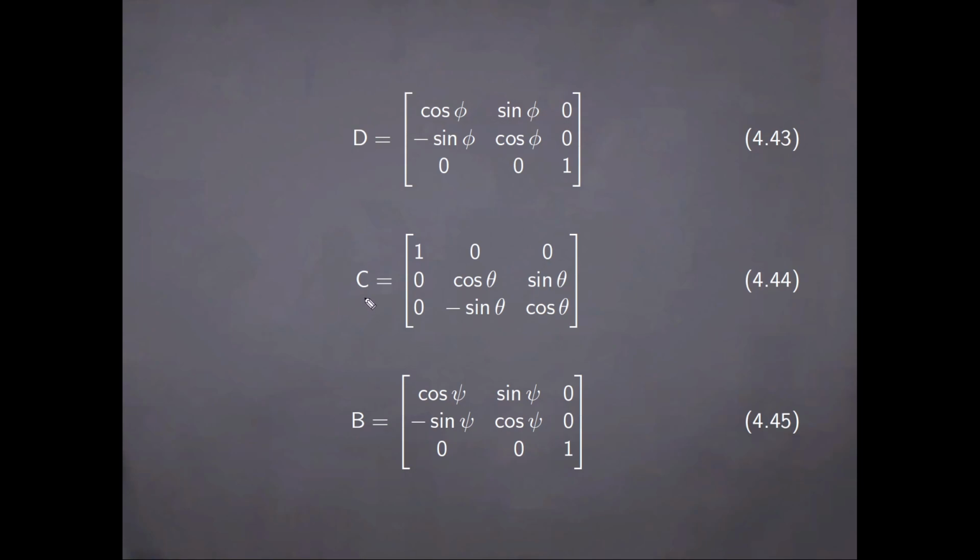Then the matrix C is the rotation in a counterclockwise sense by an angle theta about the intermediate xi axis. And finally, the matrix B is the rotation in a counterclockwise sense by angle psi about the intermediate zeta prime axis.